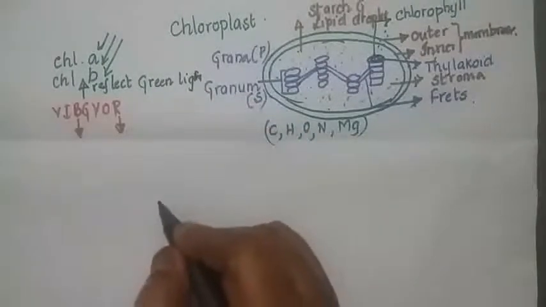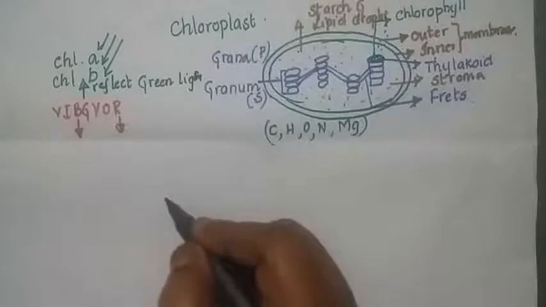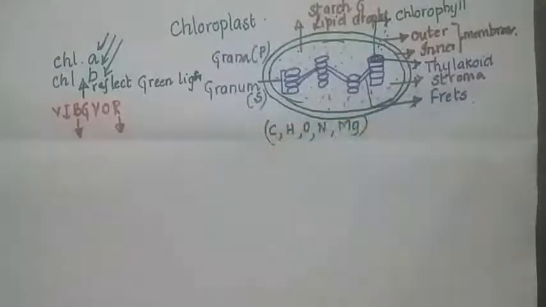Then, just like our rhodopsin and iodopsin, even this chlorophyll is a highly sensitive pigment which is stimulated by the sunlight. Even for the formation of chlorophyll, the plants must be exposed to the sunlight, otherwise chlorophyll is not synthesized in those plant cells.